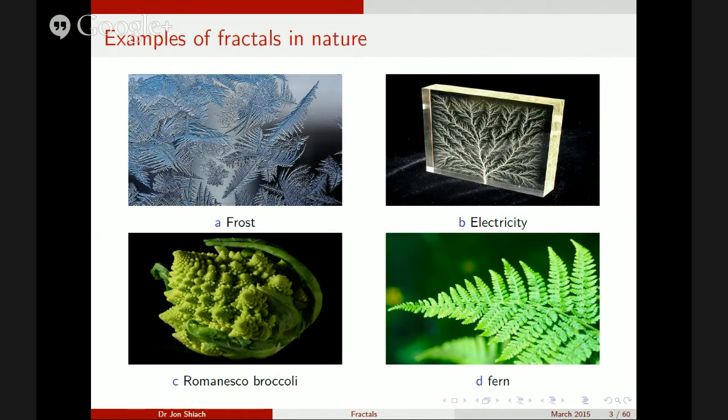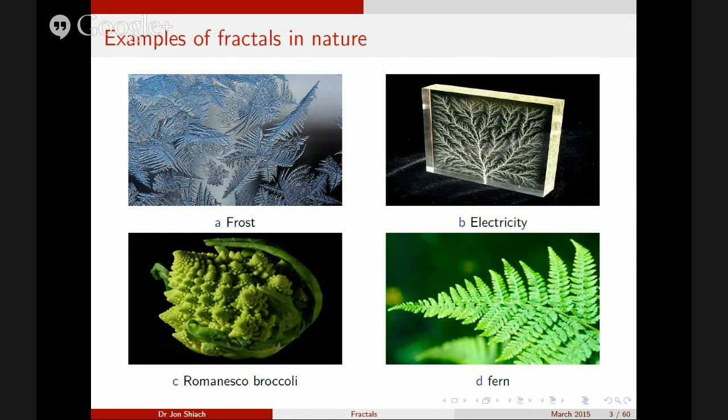I unashamedly just went on the internet and did a bit of a Google image search. If you look at frost, or I probably should have put a snowflake up here, when you see how frost crystals develop, they're very fractal in nature. If I zoom in on, let's say, this spur here, it looks like the larger shape itself.